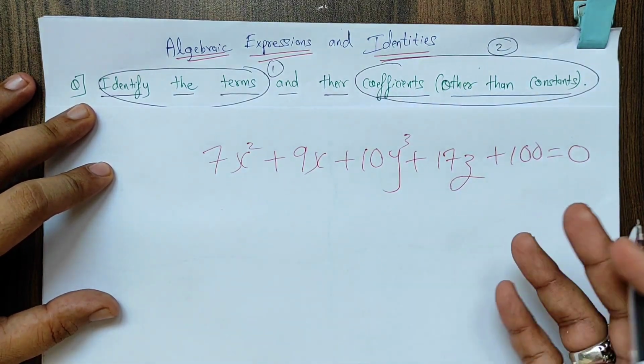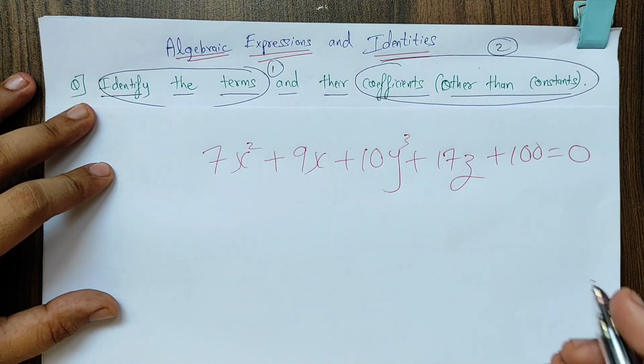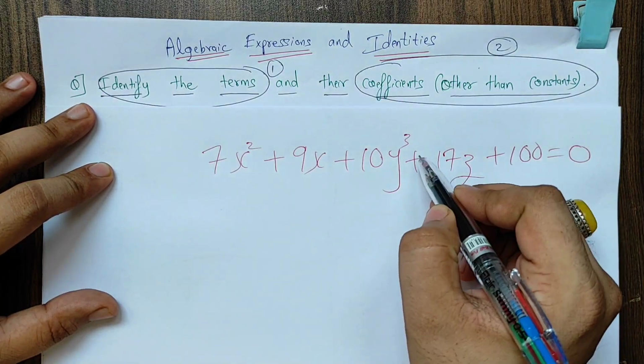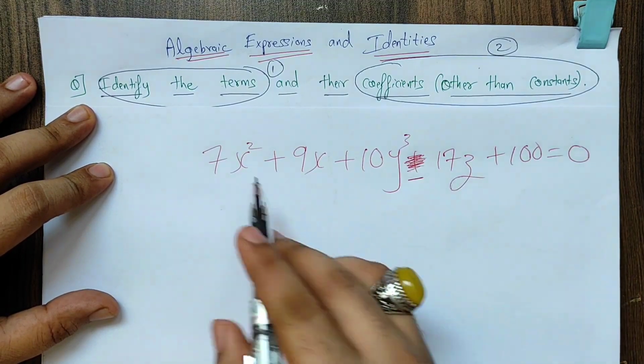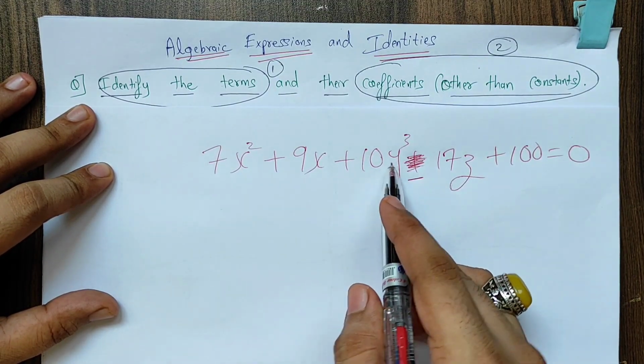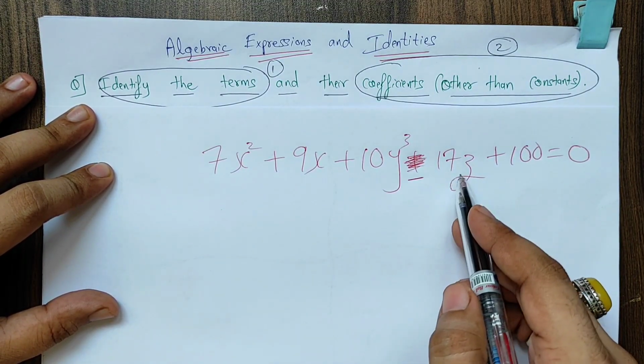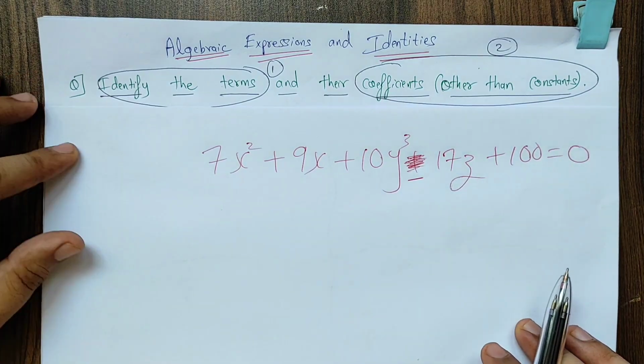A random expression. Everything is in plus, so let me do one change. I'll write minus here. It's just a random example: 7x square plus 9x plus 10y cube minus 17z plus 100 equals 0.